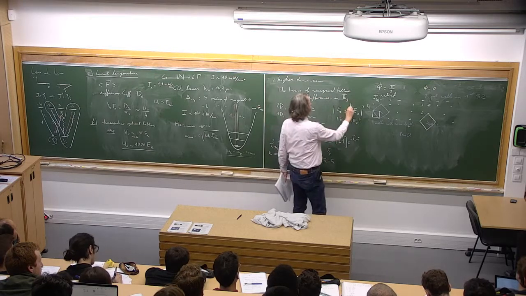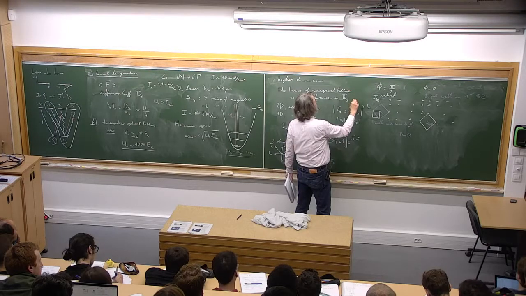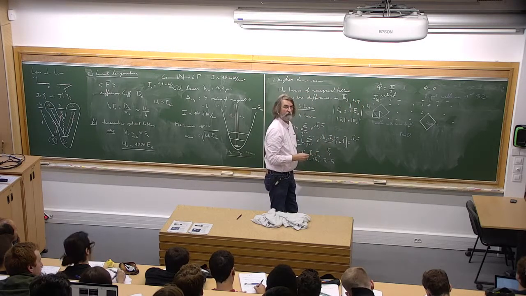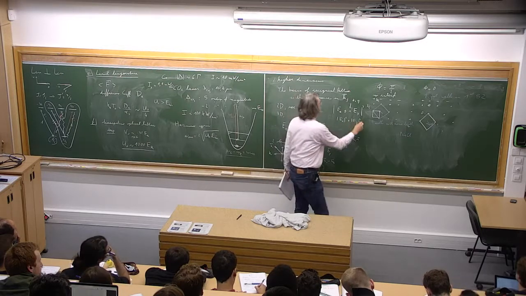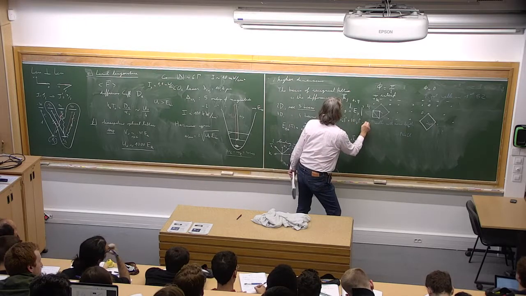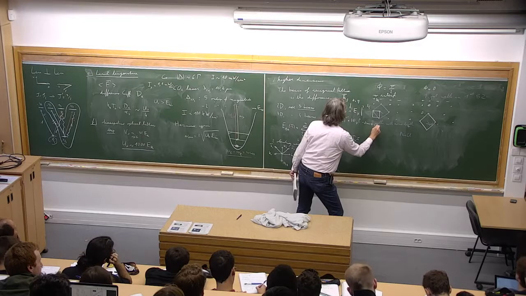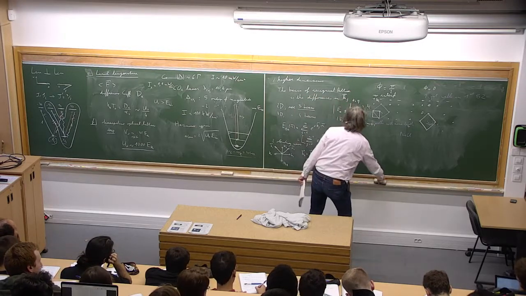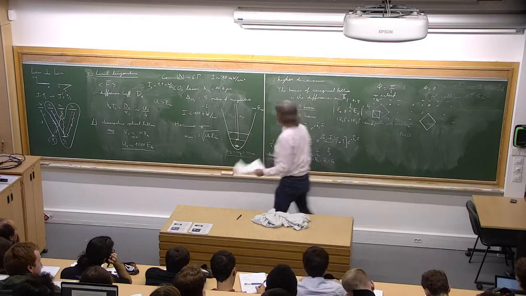So this is just the phi equal pi over 2. Otherwise you have here a cosine phi, and this plays the trick. Okay.